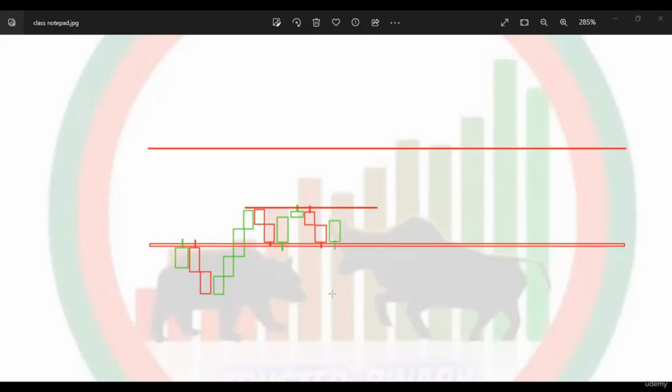But in this case, suppose there is this type of movement here, this type of movement here, and a breakout happens. So after the breakout, when we see the market came here and again a breakout happened here like this. When it came to this area, now this is not so confirmed an area.